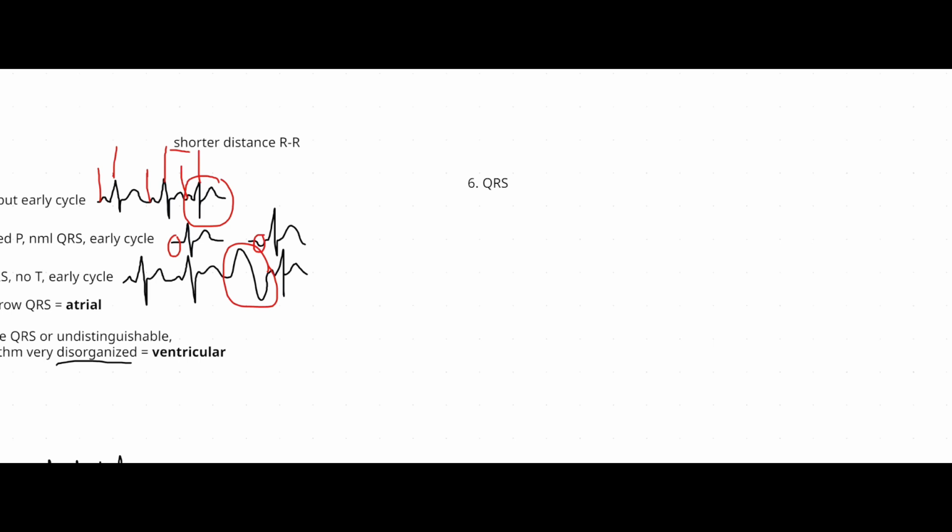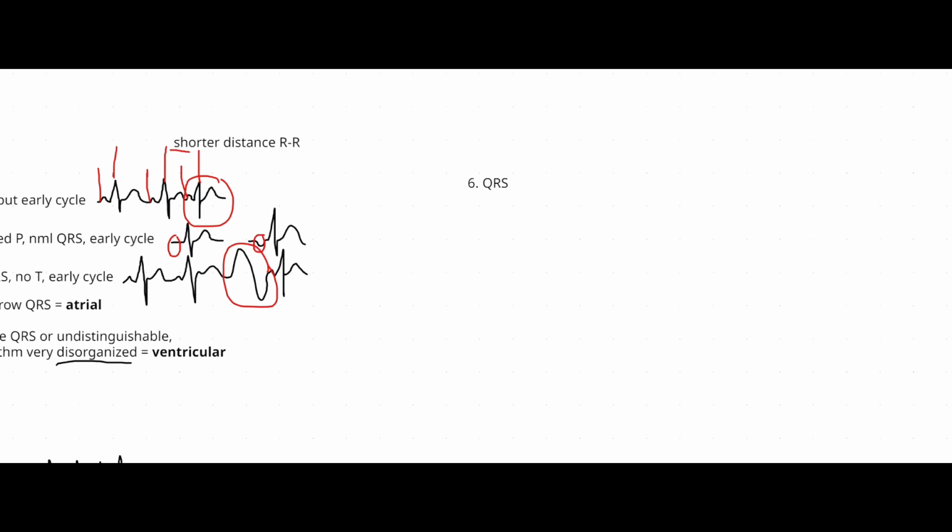That we talked about earlier. And then is it wide? Wide is greater than 0.12 or 3 small squares. Okay, and that is a ventricular rhythm. Pretty easy with the QRS.